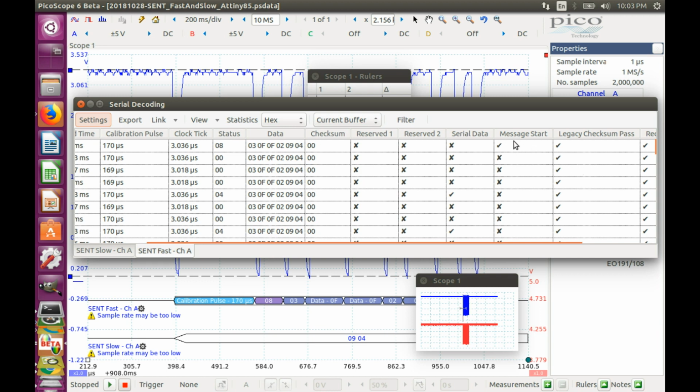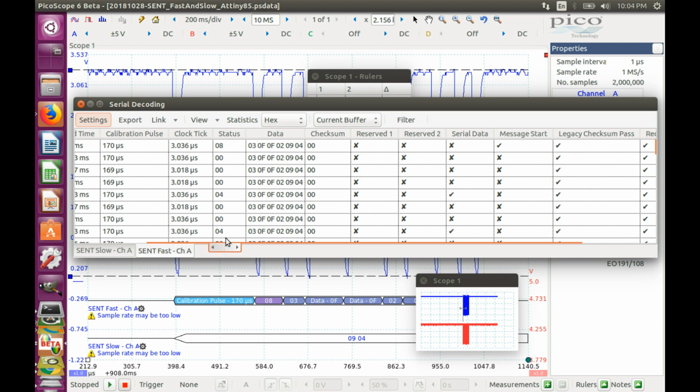One interesting thing that we see is the message start is checked when the status is equal to 8. And this is not a coincidence. This is our bit number 3, as we've discussed for the slow channel, being equal to 1. So even in the fast serial decoding data, we see that something interesting happens in the slow channel.